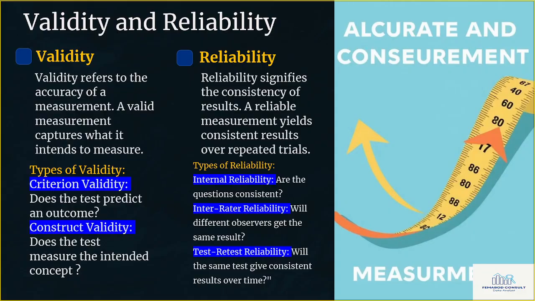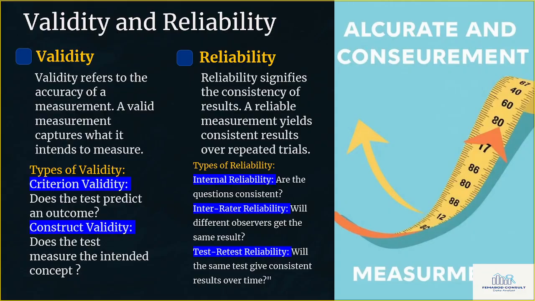We said for criterion validity, does the test predict an outcome? Say, for example, a fitness test. Is it going to predict accurate athletic performance? If somebody who is doing sports is carrying out fitness tests consistently, will that help to predict if the performance will improve or not? And that is criterion validity.